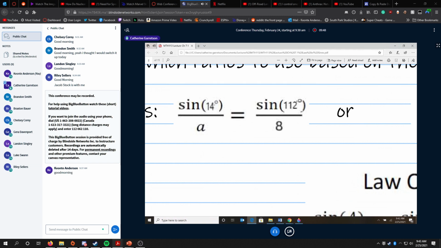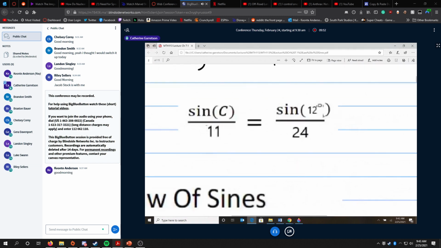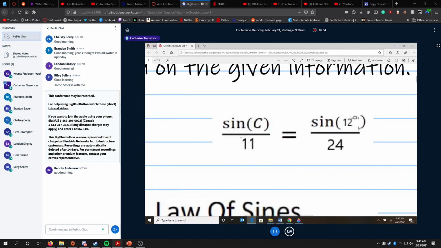Now, in another triangle, maybe it's side angle. This time, instead of the side, I'm trying to find the angle. So I'm trying to find angle C, and I know the length of its opposite side. And then over here, I happen to know this angle and the length of its opposite side.